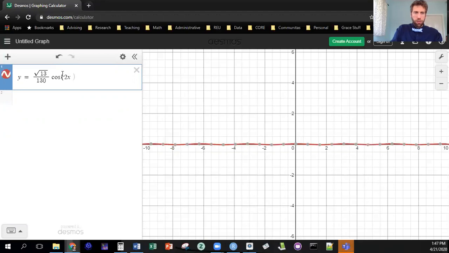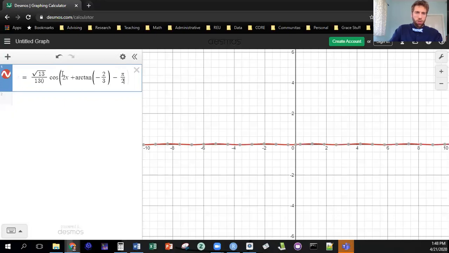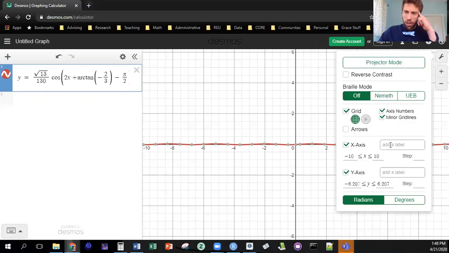Plus arctan of negative 2 over 3 minus pi over 2. Okay, let's zoom in.